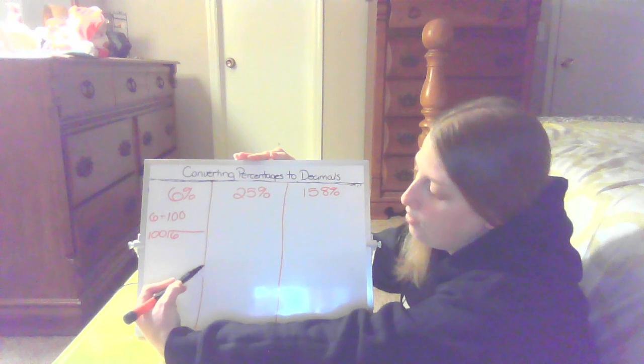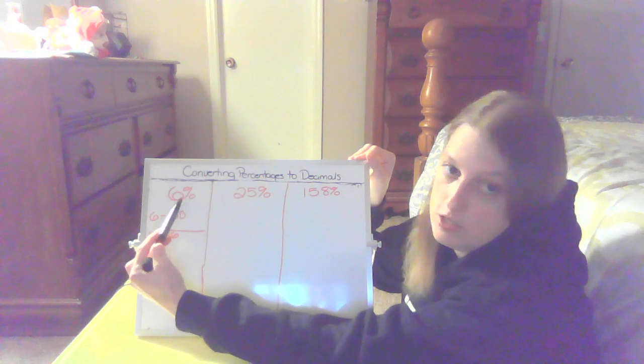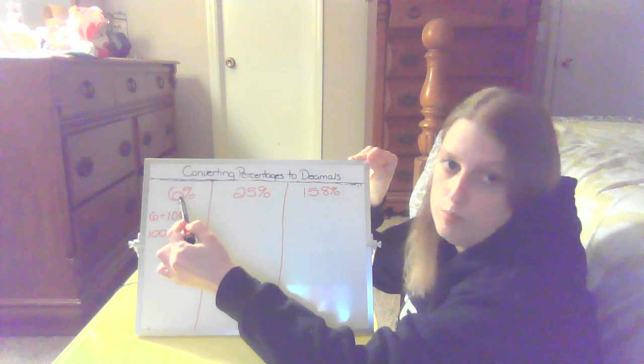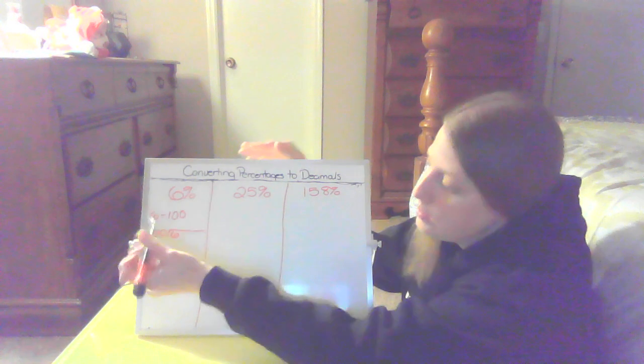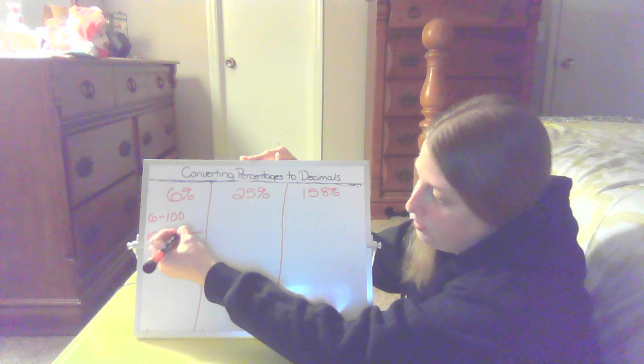Now, when we have whole number percentages, there's what we call an invisible decimal, and it is always behind the final digit of the percentage. So in this case, it would be behind the 6. So we're going to put a decimal point right there, and we're going to carry that decimal point up.